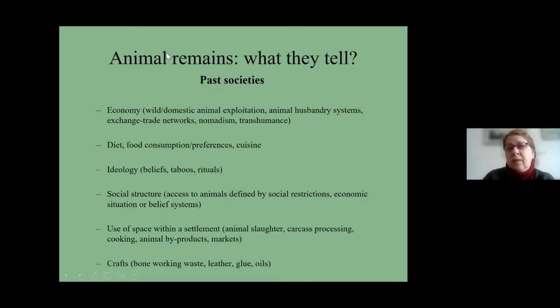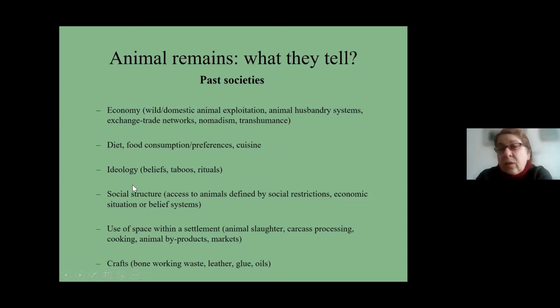But of course, and perhaps most important for us who are archaeologists, originating in archaeological studies and aiming there, we can learn a lot of things about past societies. Number one at the top, of course, is the economy. That was the driving force for archaeological studies. The diet, food consumption and preferences, and cuisine of the people you are studying.